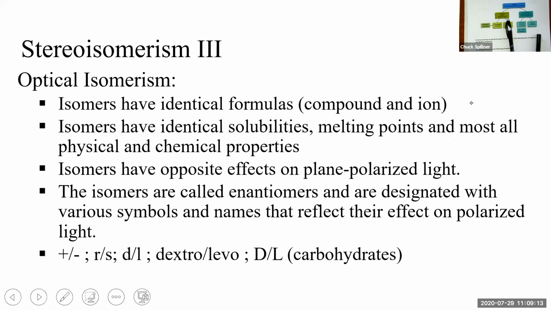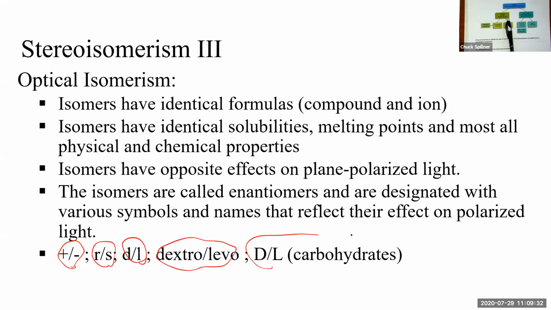Okay. So here are the names. They can be called plus or minus isomers. All these names have to do with what they're doing to the plane polarized light. I'll explain that in the next slide. They could be plus or minus, RS, or DL, dextro and levo, as applies to carbohydrates. All carbohydrates, natural sugars, are one optical isomer.